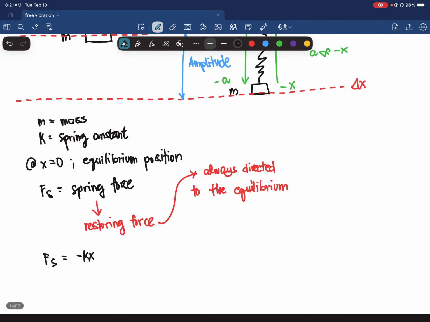Now we'll move on to the derivation of the free vibration in terms of the spring mass model. We are considering Newton's second law, in which the net force is equal to the product of the mass and the acceleration.